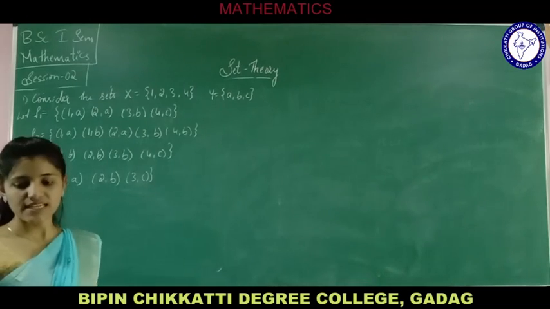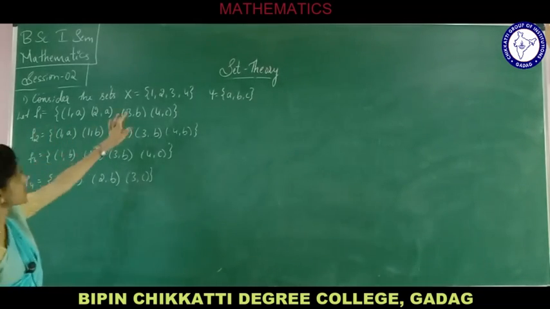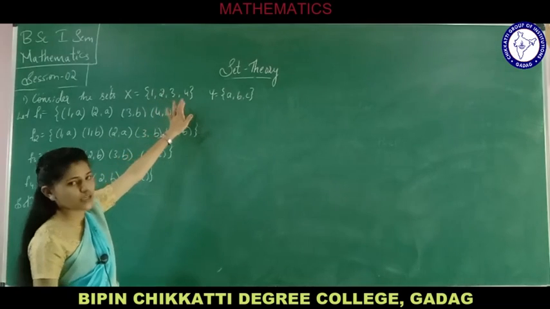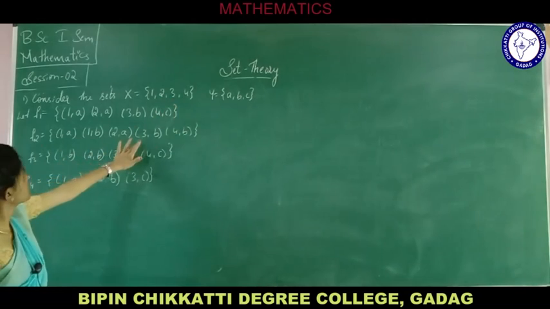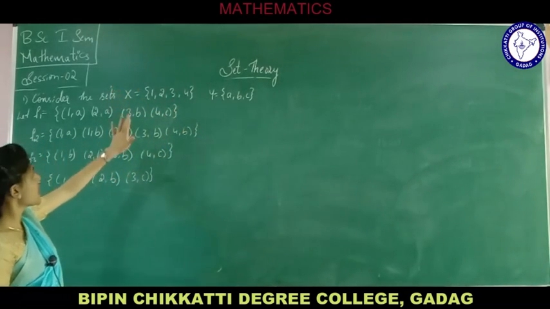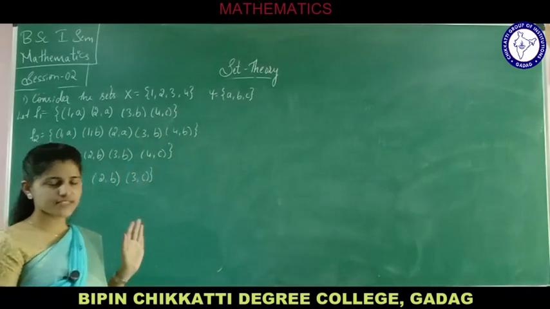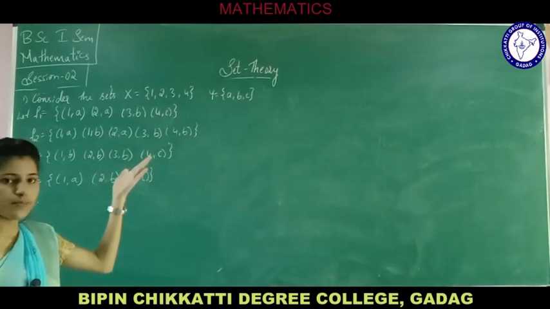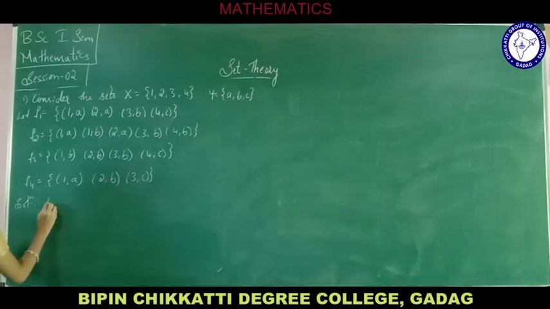Solution: each element of X has an image in Y under f. Here X has the elements 1, 2, 3 and 4. Each element of X has an image in Y under f.